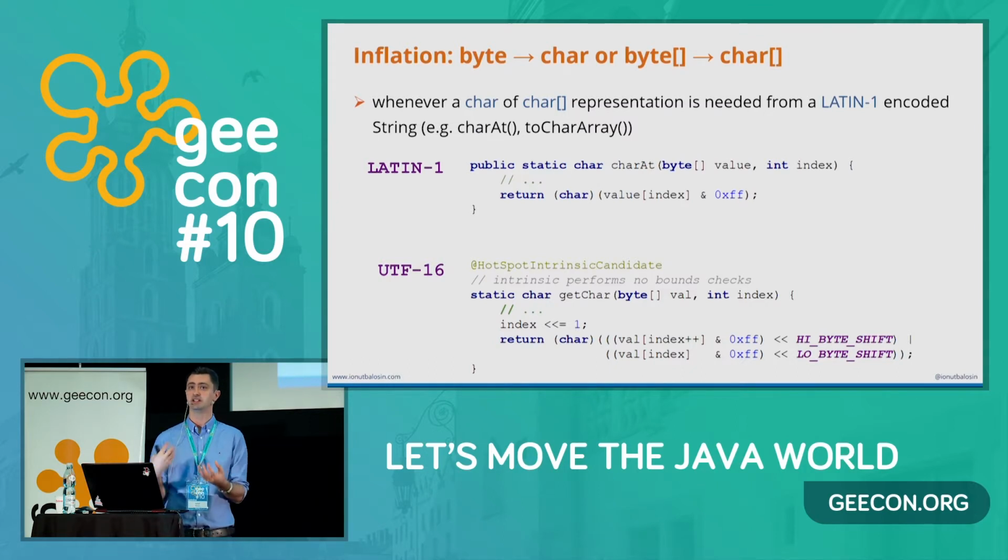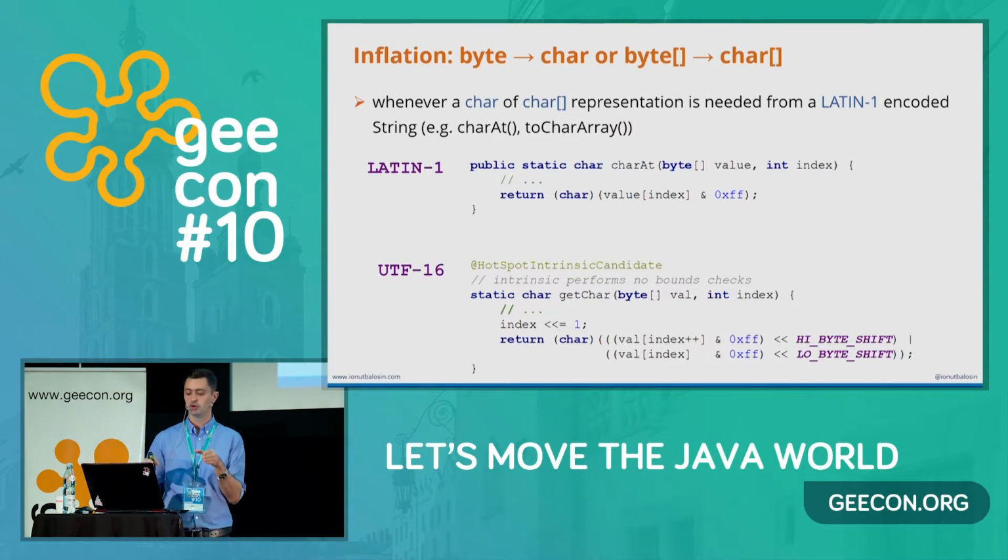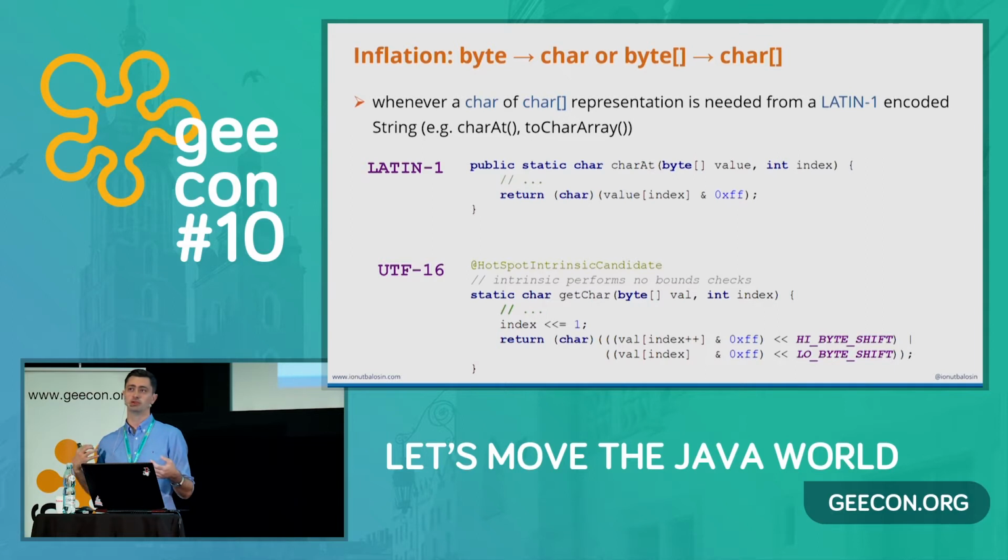Because this is how it is handled. You can see the snapshots for each method from the JDK sources. What it does for Latin 1 is quite simple. In case of UTF-16, it basically merges both bytes and returns the char representation. And this is called inflation, when you have bytes and you return a char out of them.